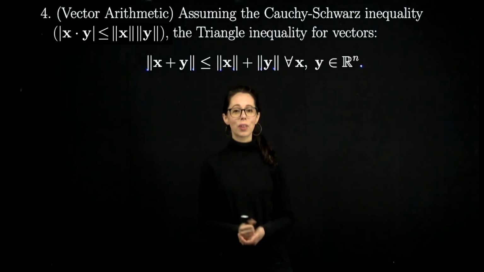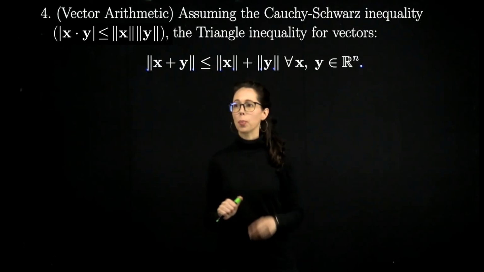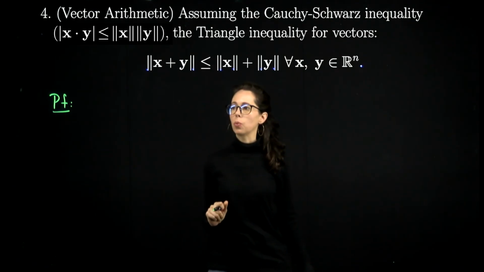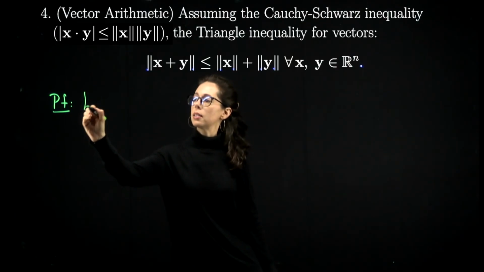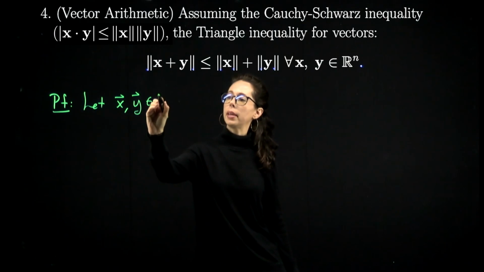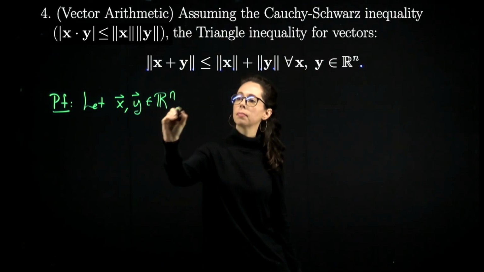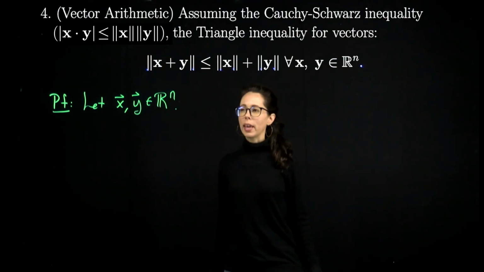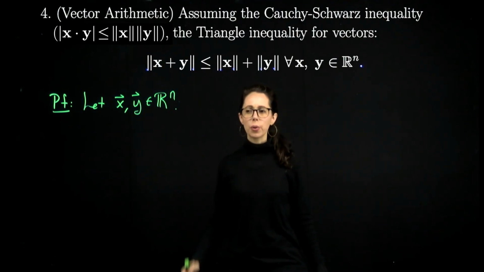Now that we've done the scrap work, we're ready to write out a nice formal proof. Let me introduce x and y. So let x, y be elements of R^n. Now we can just go ahead and do our scrap work computation.